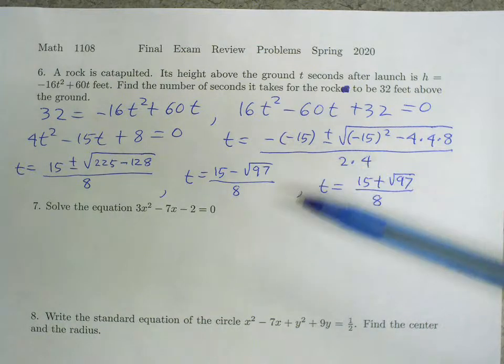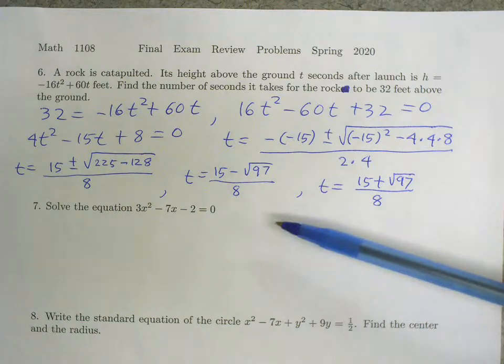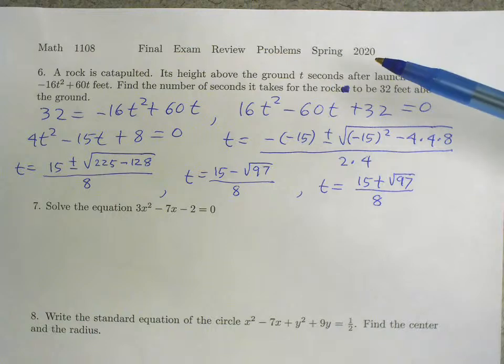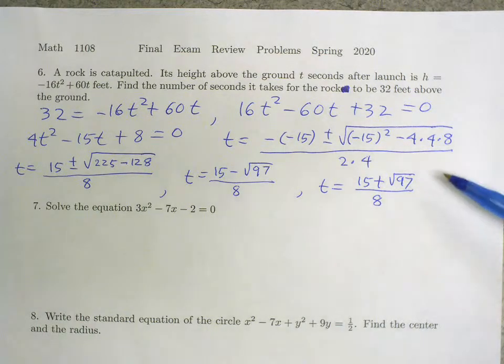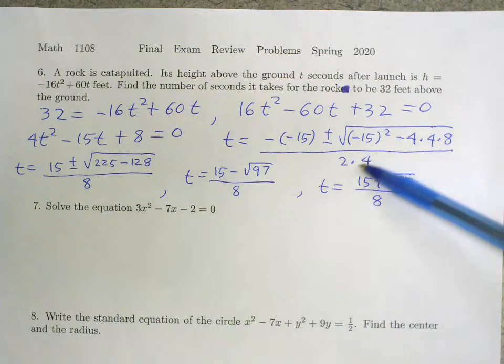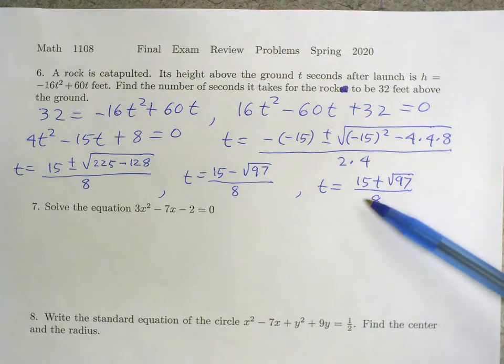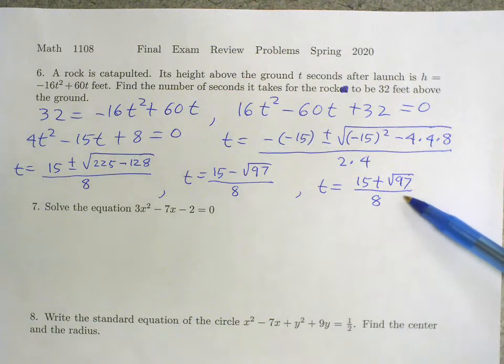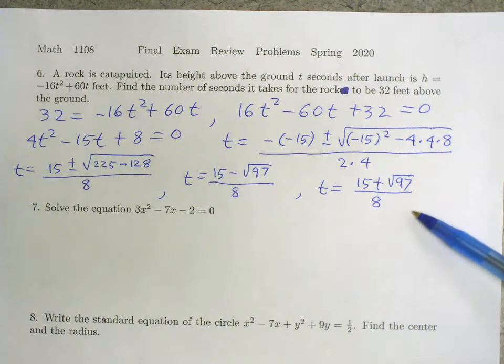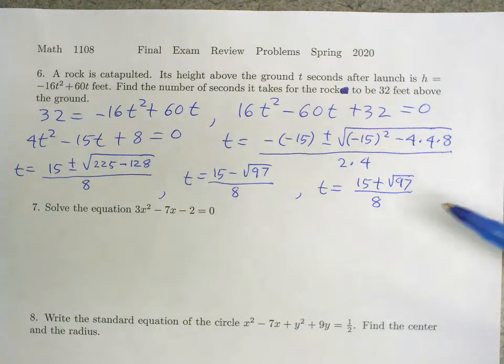But then, as expected, the rock reaches its maximum height and then starts to fall back down to the ground. And on the way down, it is at a height of 32 feet a second time. So this number is a little bit more than 3 seconds. So both of those are answers to this.